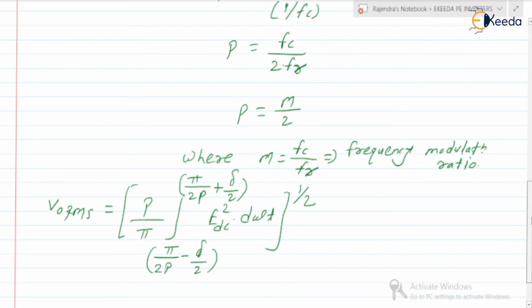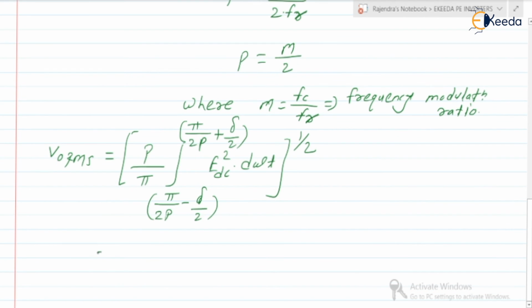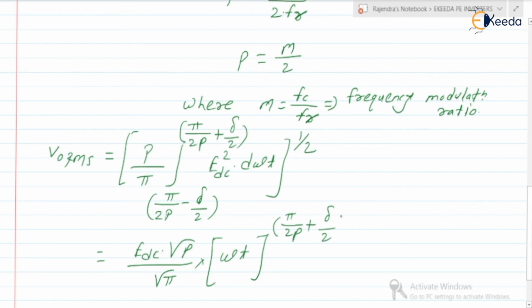Further, we can simplify it by taking EDC, P and pi common. So it is EDC into under root P divided by root pi into omega t, with upper limit pi by 2P plus delta by 2 and lower limit pi by 2P minus delta by 2, all to the power 1 by 2.